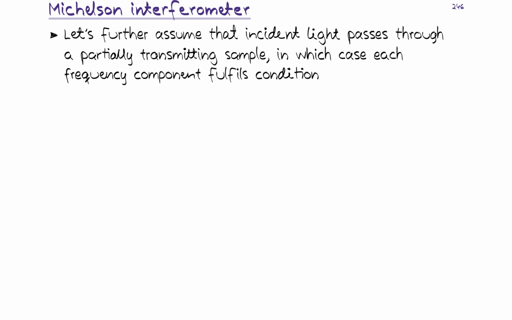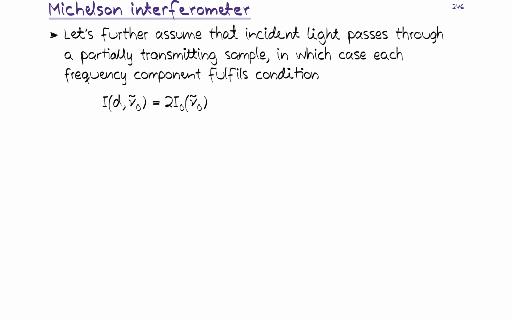In this case, when we have a partially transmitting sample, the actual irradiance pattern that we would be measuring at the interferometer, after the broadband source has propagated through the sample, would be a function of both d, the difference in the optical path lengths of the interferometer, and of frequency.